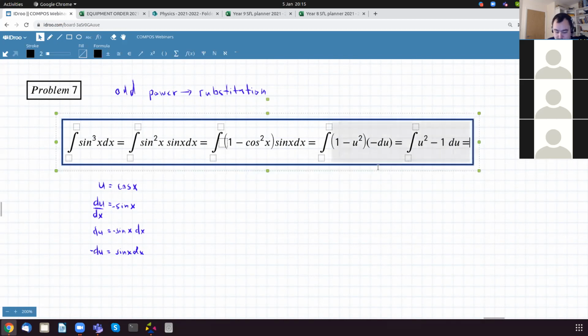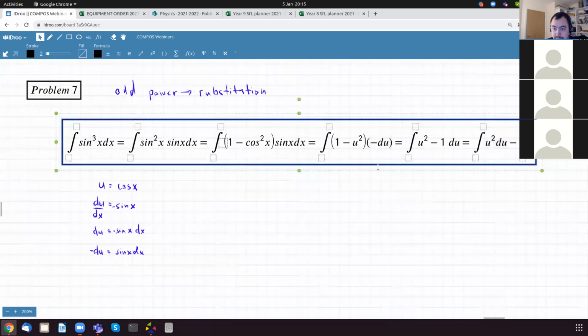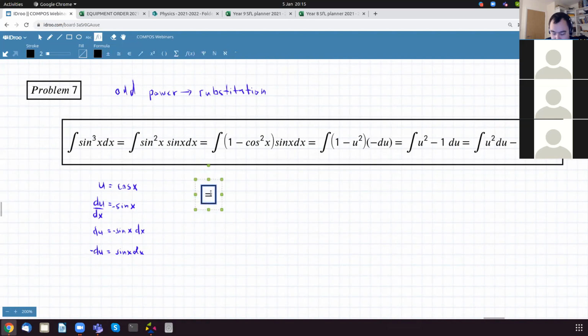And it breaks down into two integrals: the integral of u squared du minus the integral of 1 du equals. All right, so the integral of u squared is u cubed over 3 minus u plus c.